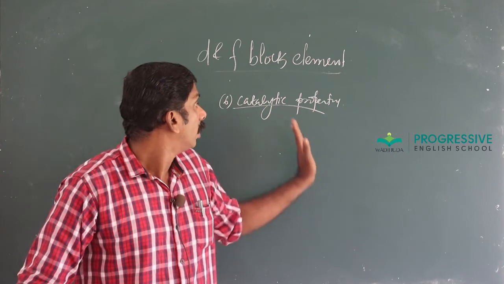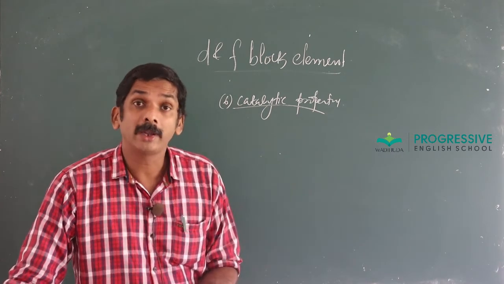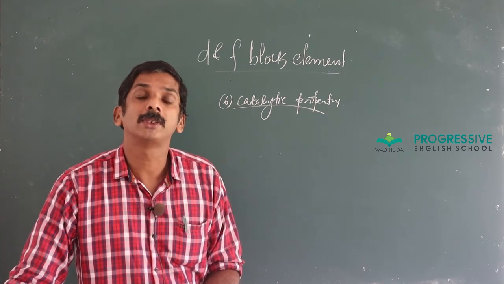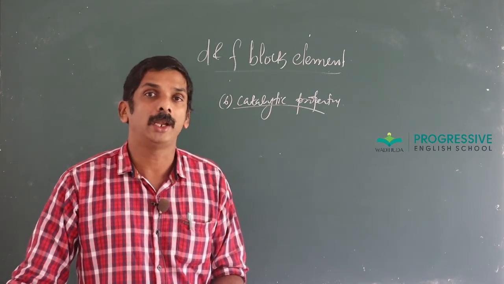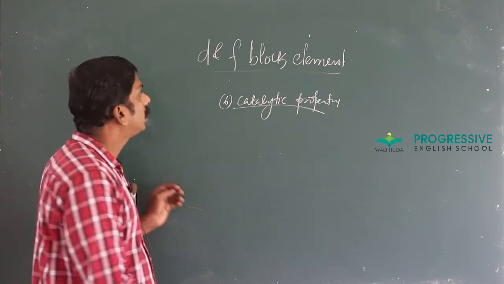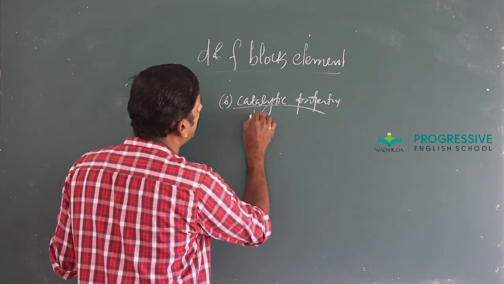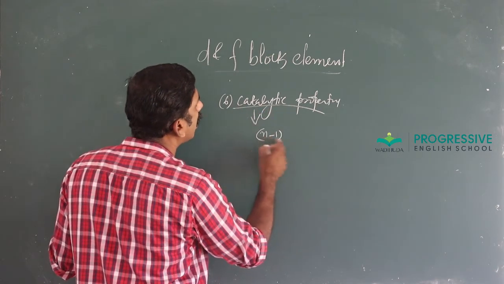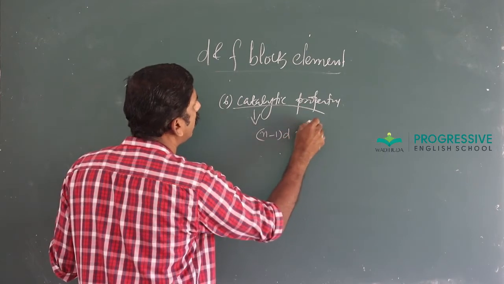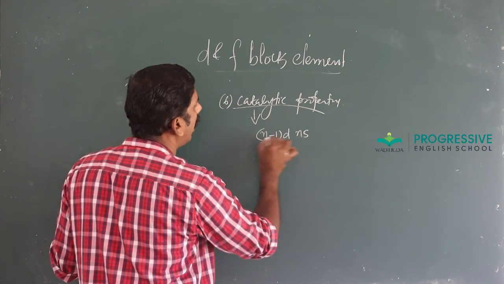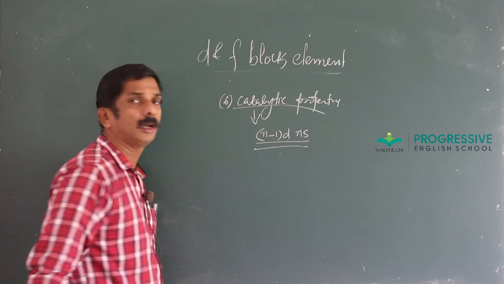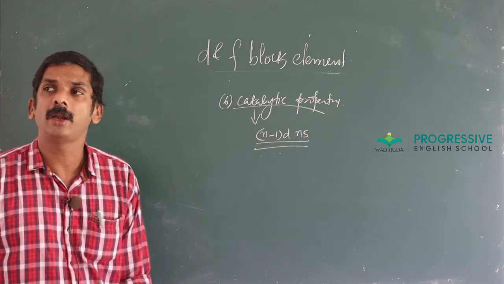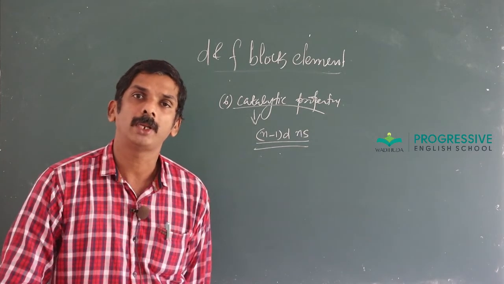All hydrogenation reactions are usually carried out in the presence of nickel, platinum or palladium. The catalytic activity of transition metal is explained on the basis of the comparable energy between the (n-1)d and ns orbitals.